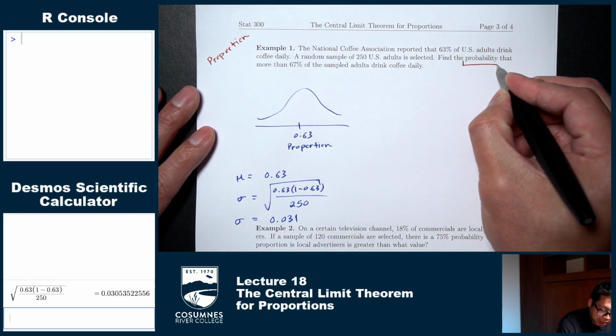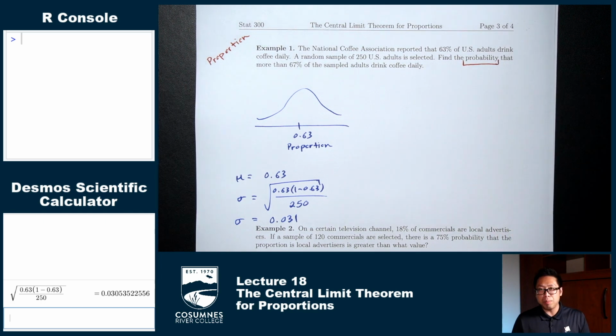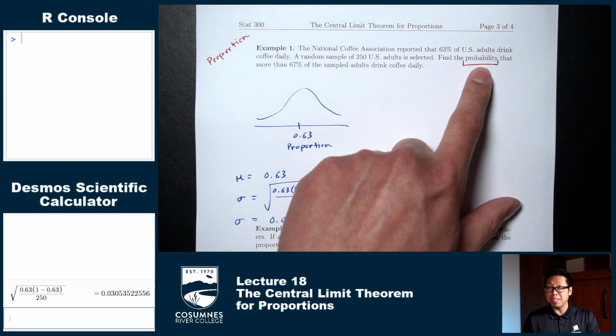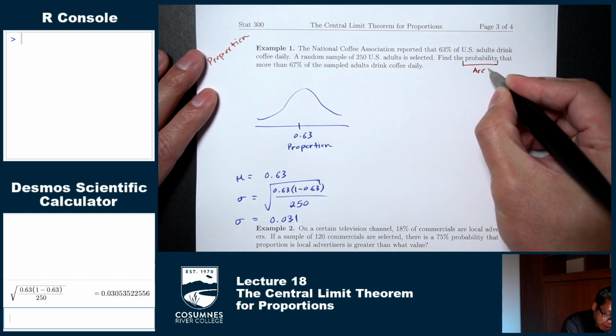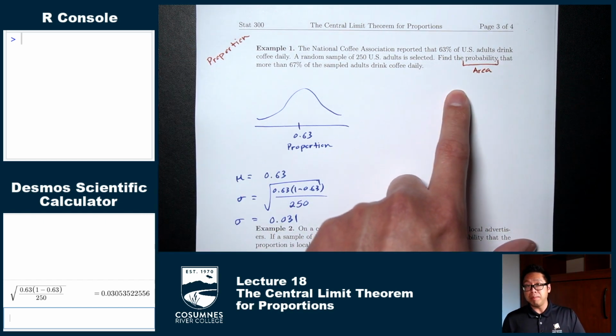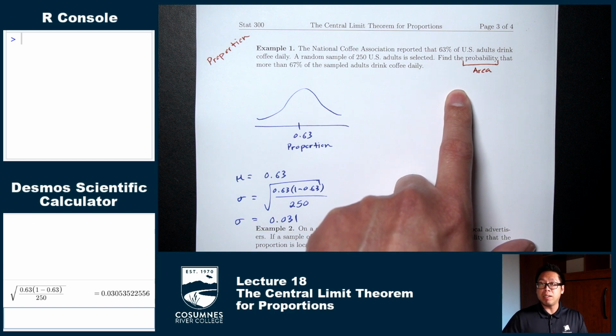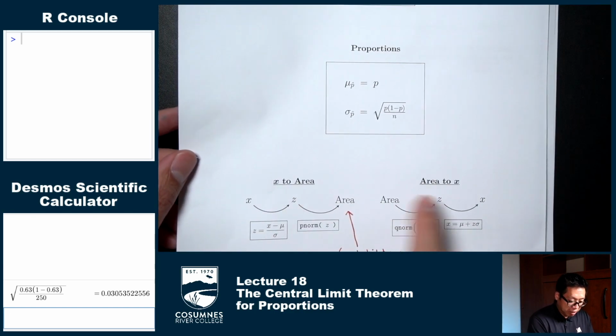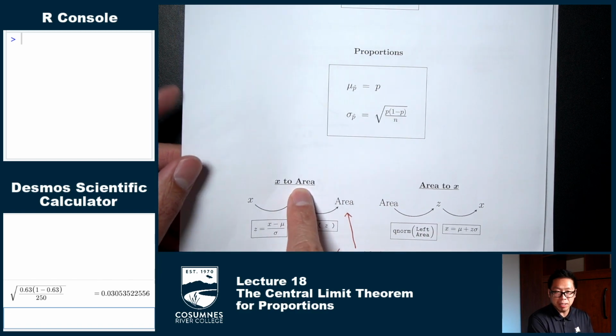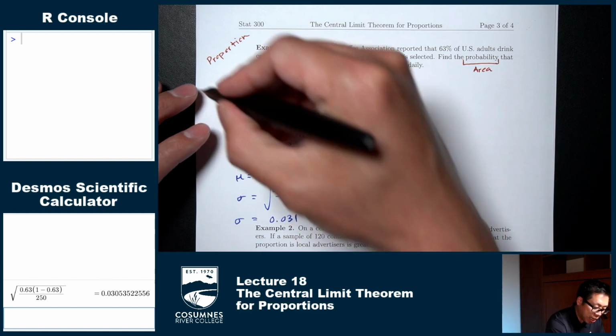Remember I said, if you see the words probability, percent, proportion, that's an area. So this is find the area. I want to end with an area when I finish the question. So which one of these ends with an area? X to area. So this is going to be for sure an x to area question.